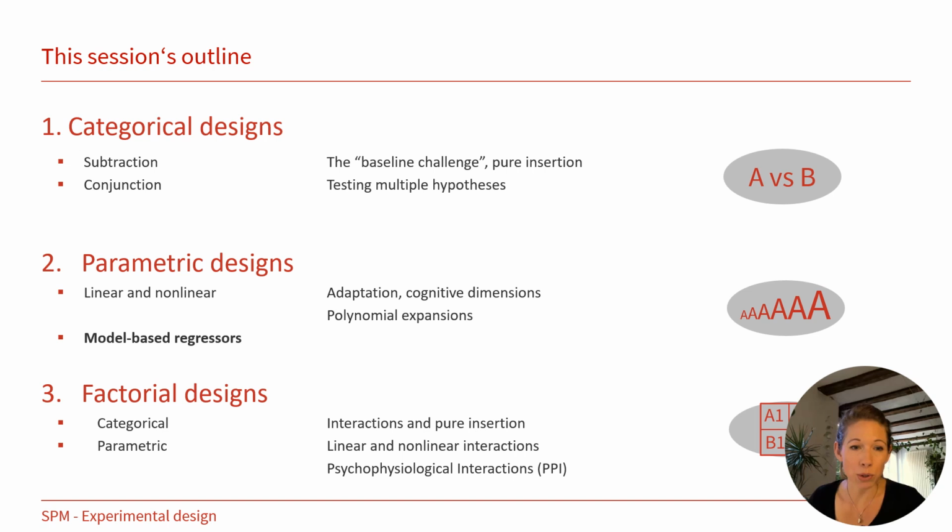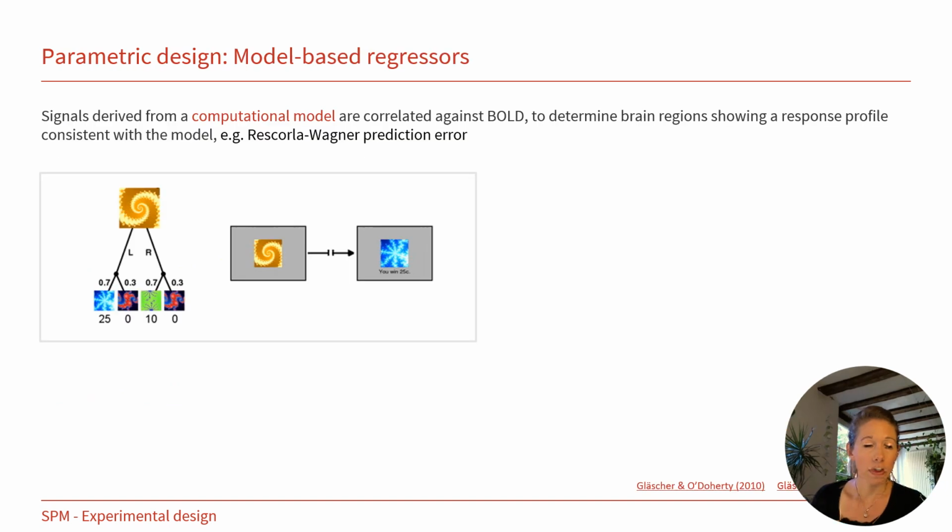Now I also want to give you an example for a model-based regressor. So this is an example of a study which used such model-based regressors. In this study, subjects had to learn specific probabilistic outcomes. They, for instance, here saw a specific stimulus, and over the course of the experiment, they learned that when pressing the left button, they had a 70% chance to win 25 cents.